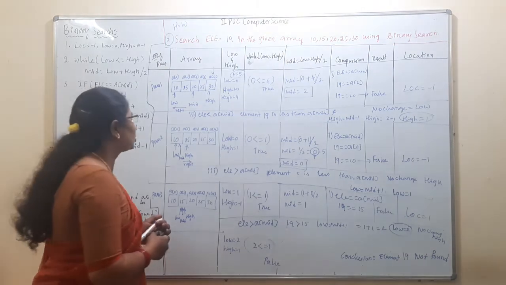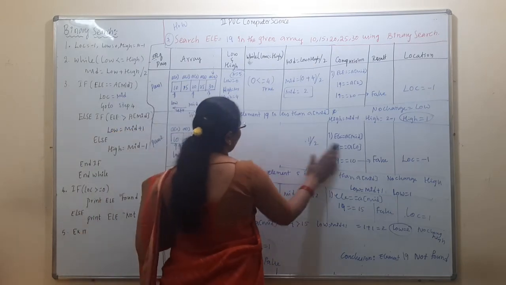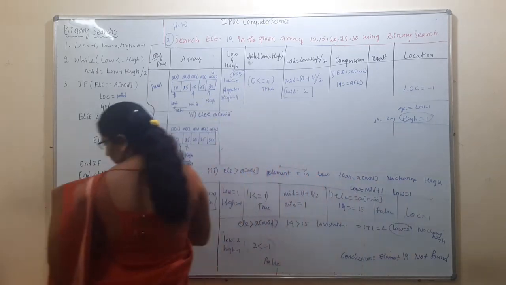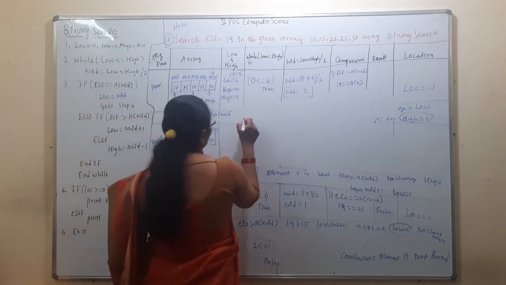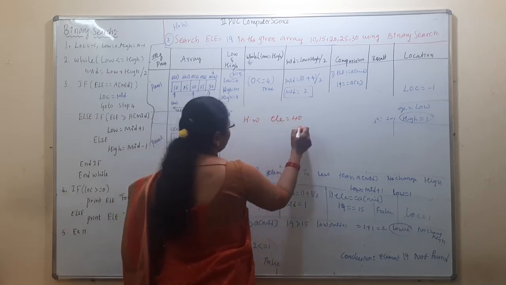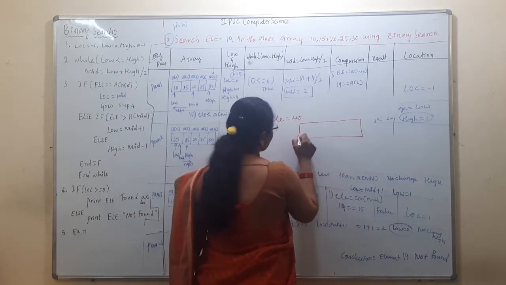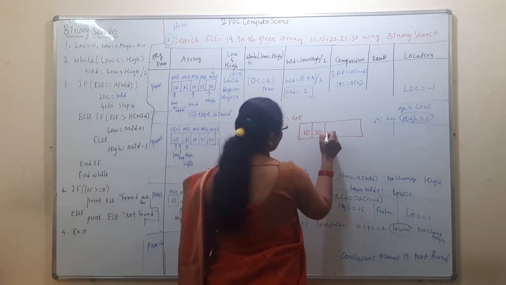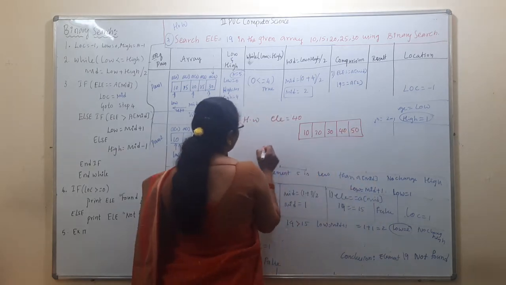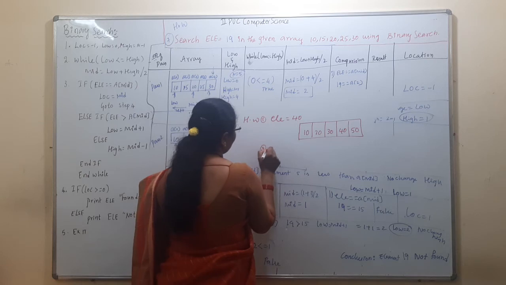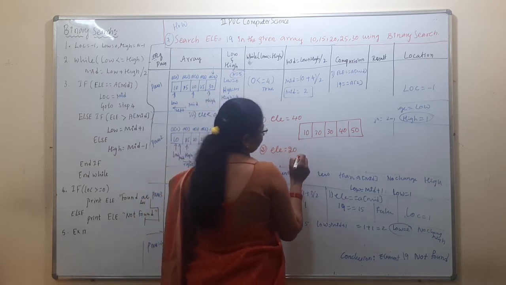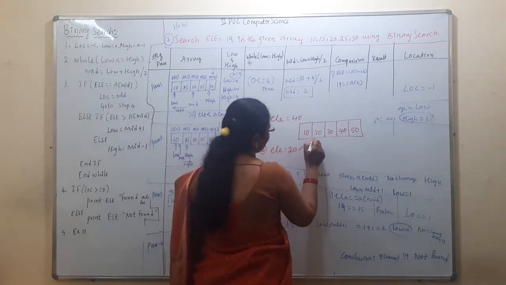Did you get it? So with the same set of elements I will give one homework here. Homework: searching element is 40 in the list 10, 20, 30, 40, 50. This is the first problem. Then the second problem, with the same list, the searching element is 20.